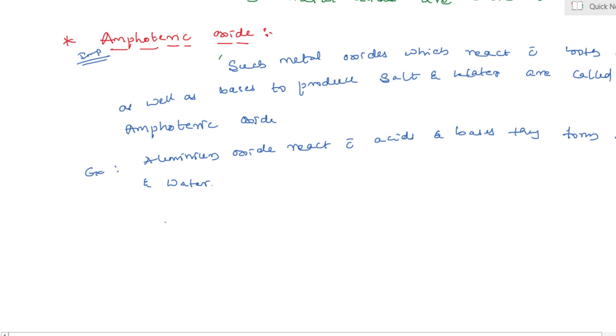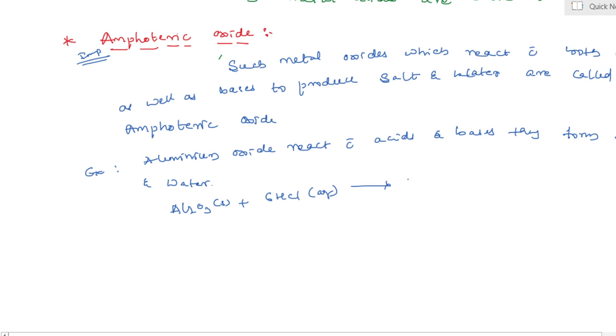Al2O3, aluminum oxide, solid, plus 6HCl, an aqueous solution of hydrochloric acid.